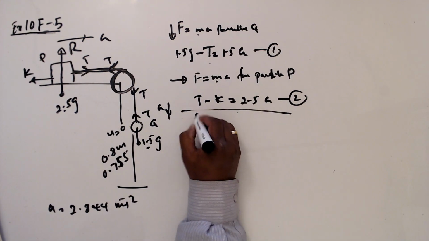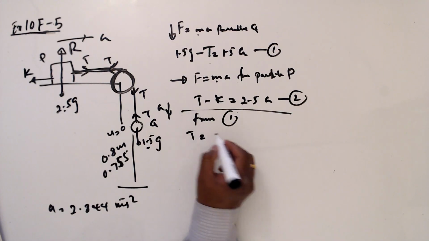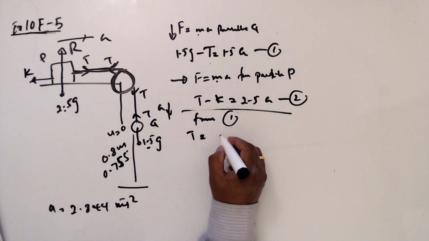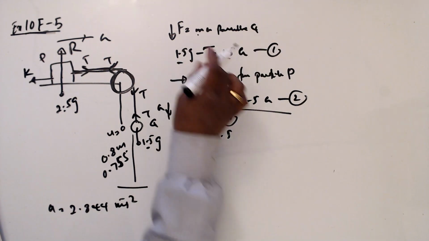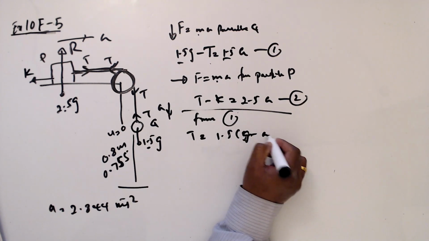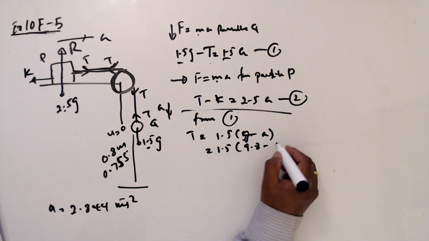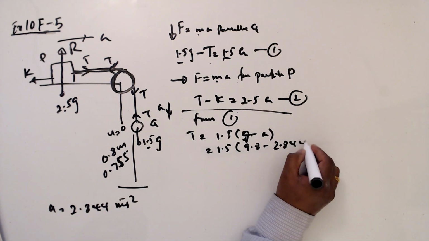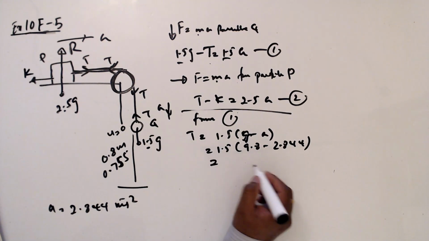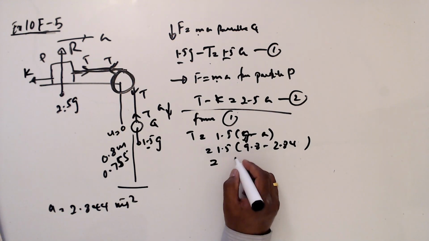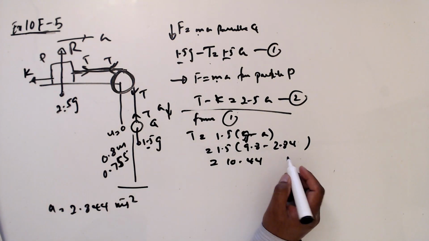So from 1, T equals 1.5, both are 1.5, a to this side, so this is g minus a. So 1.5 times 9.8 minus 2.844. So tension is going to be approximately 10.44.